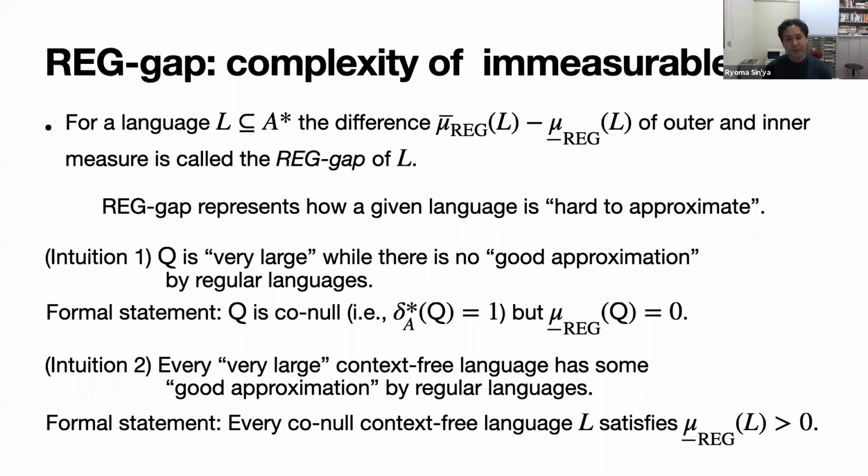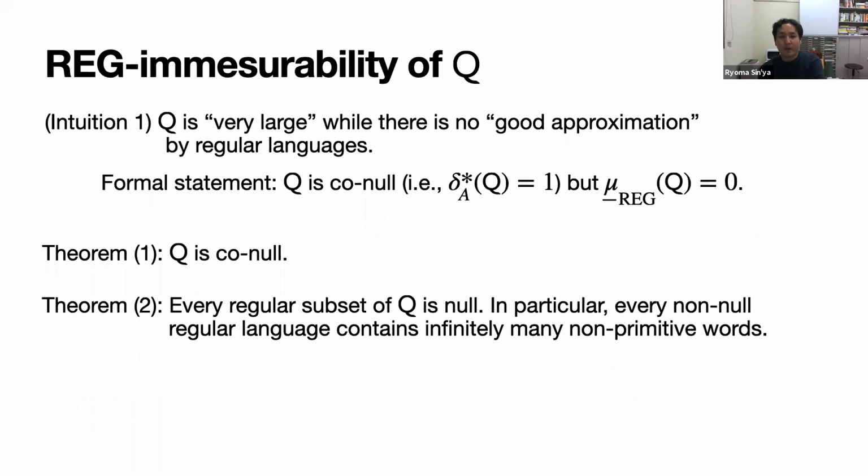And the second intuition can be formalized as follows. Every non-null context-free language has positive lower measure, so the gap of L is at most 1 minus epsilon for some positive real number epsilon. Fortunately, intuition 1 is true because we can formally prove that Q has density 1, but every regular subset of Q is null.